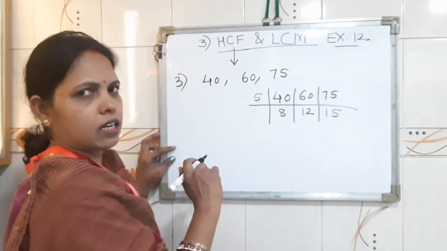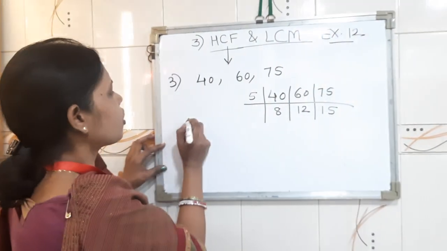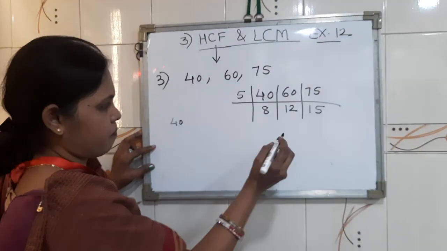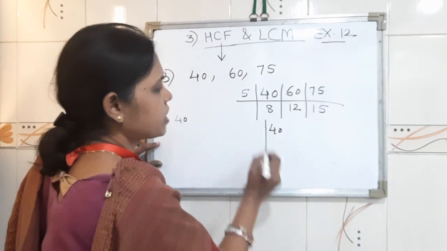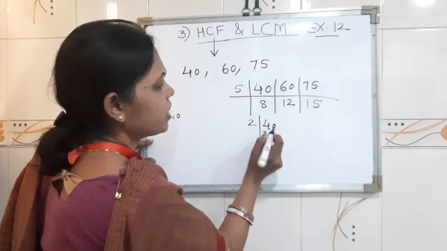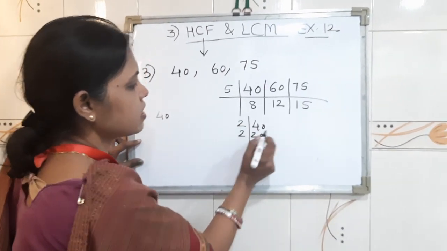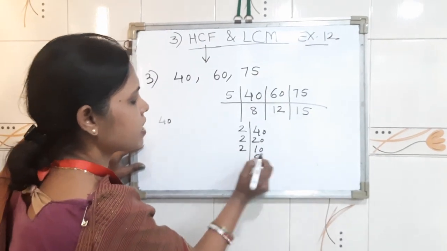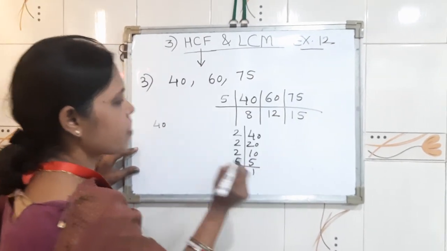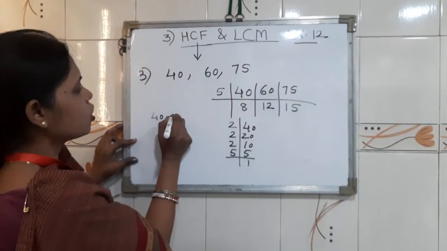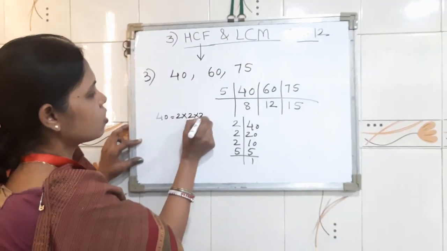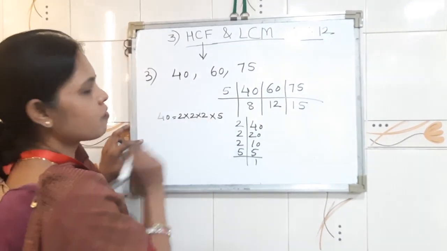Now second method, 40 in separate form. For 40, take the factor 2, 2 20s are 40, 2 10s are 20, 2 5s are 10, and here 5 1s are 5. Means for 40, you got the factor 3 times 2 and 5.